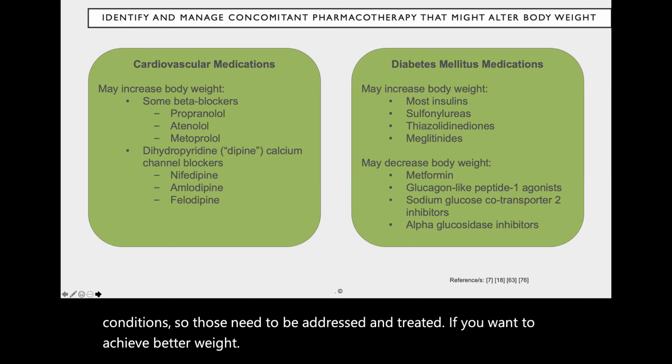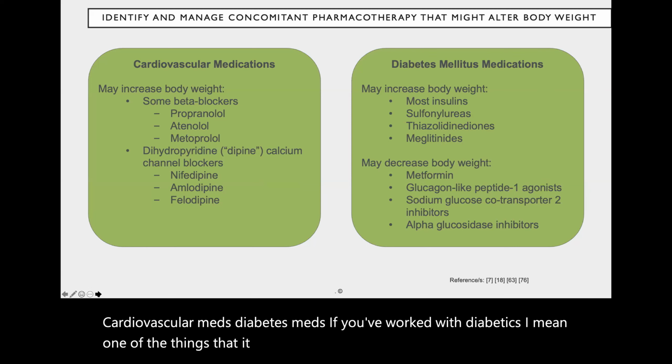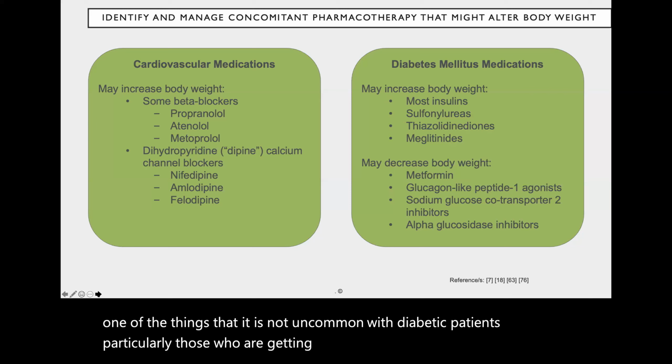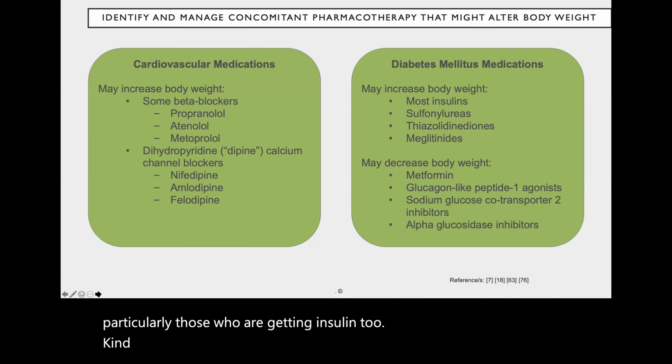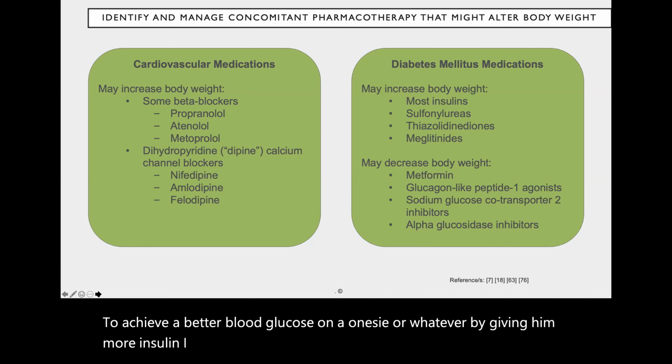Cardiovascular meds, diabetes meds. If you've worked with diabetics, one of the things that is not uncommon with diabetic patients, particularly those who are getting insulin, is to pressure the provider to achieve a better blood glucose, an A1C or whatever, by giving them more insulin. That comes up pretty often, actually.